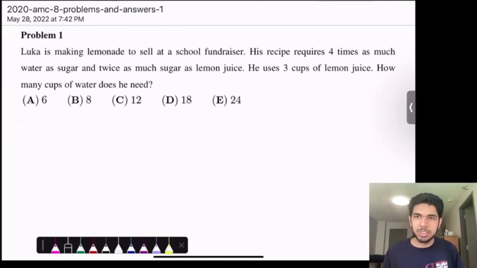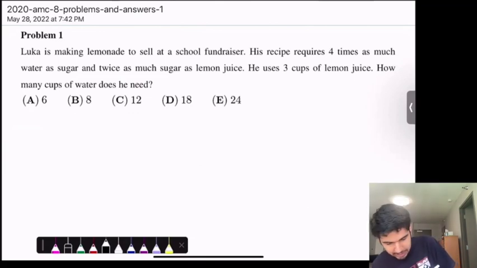So when we see a question like this, where we're trying to determine an unknown quantity of something, in this case water, when that quantity is unknown, we're prompted to use variables. So let's start by doing that. Let's define a variable for the quantity that we're trying to find, and then we'll solve for that variable eventually.